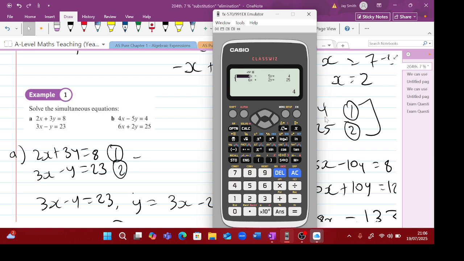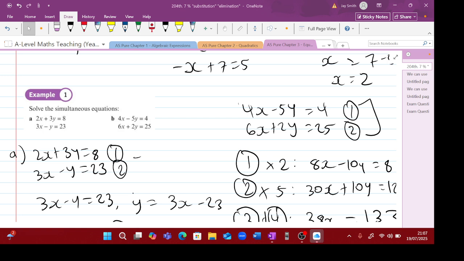So just to echo again, if we click the menu button, which has all the functions on the calculator, then you go to A, which is equations, because these are simultaneous equations. That would be option one afterwards. Then two unknowns, usually for A level, which should be x and y, and therefore you input your equations from there. And as you can see, once you put the coefficients in, you get the solution instantly.